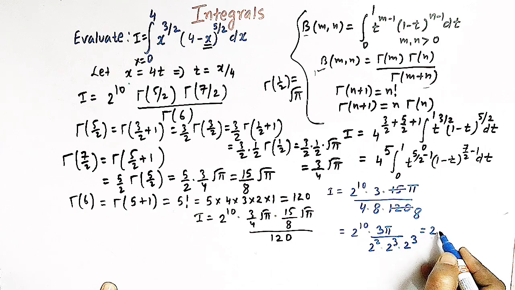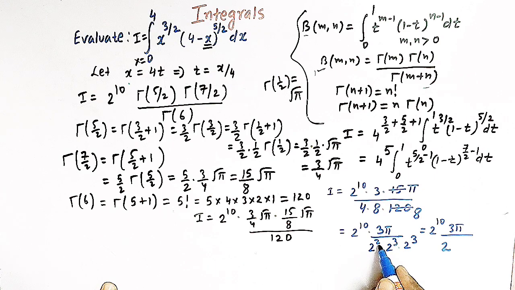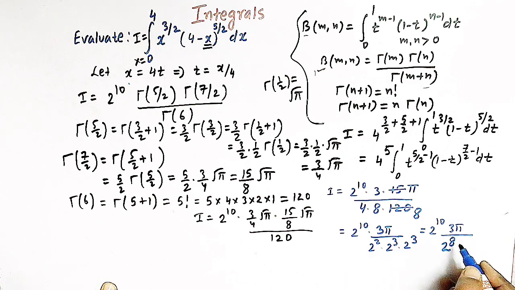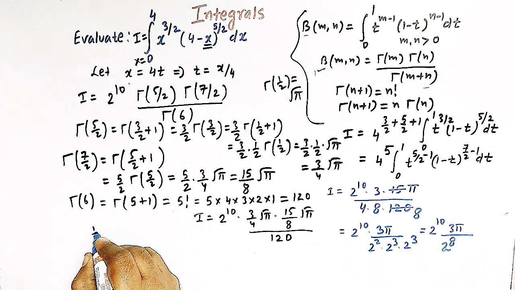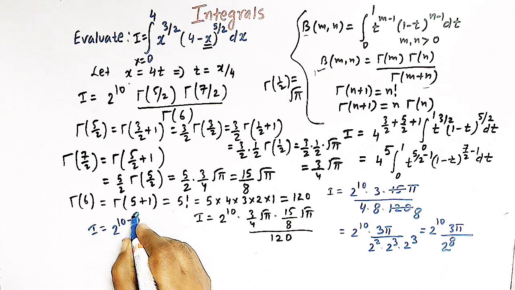So we can now write 2 raised to 10. Here we have 3 pi divided by 2 raised to, again applying the laws of exponents, 3 plus 3 is 6, 6 plus 2 is 8. Right. So now the value of the integral I is 2 raised to 10 minus 8.